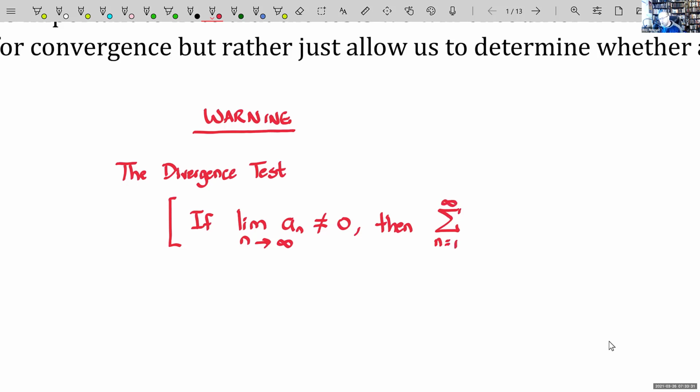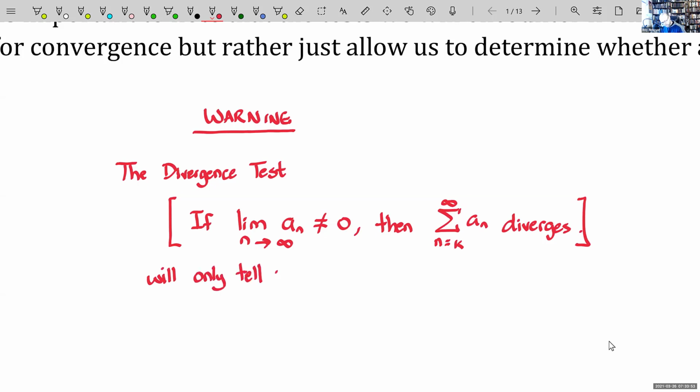Actually, it doesn't have to start at 1. It could start at anything. I'll say n equals k to infinity of our sequence will diverge. So the series summation k to infinity of a sub n diverges. That's the divergence test.